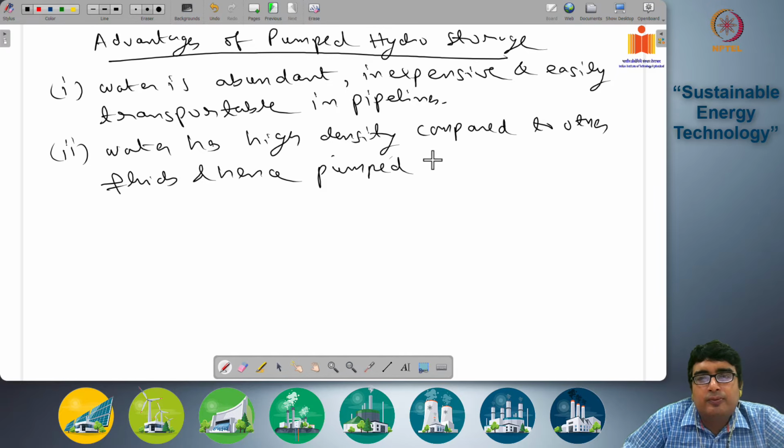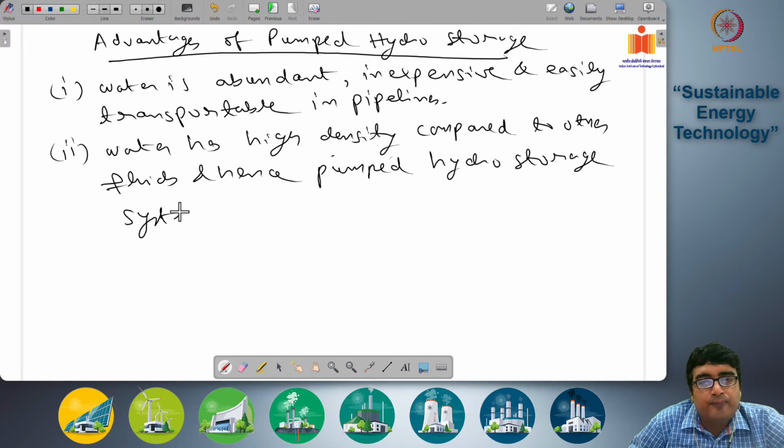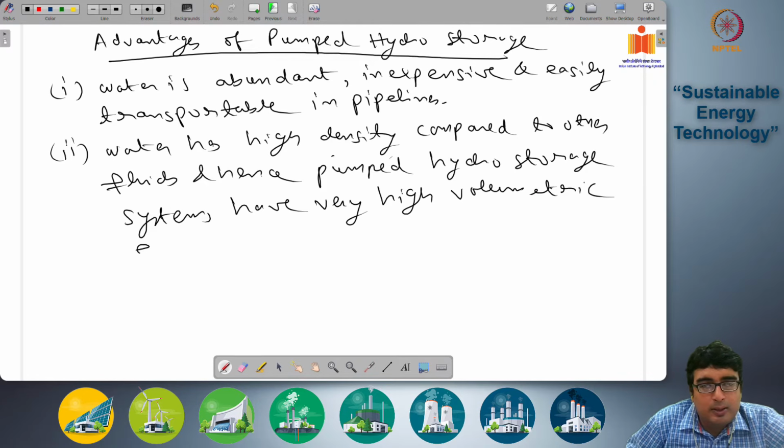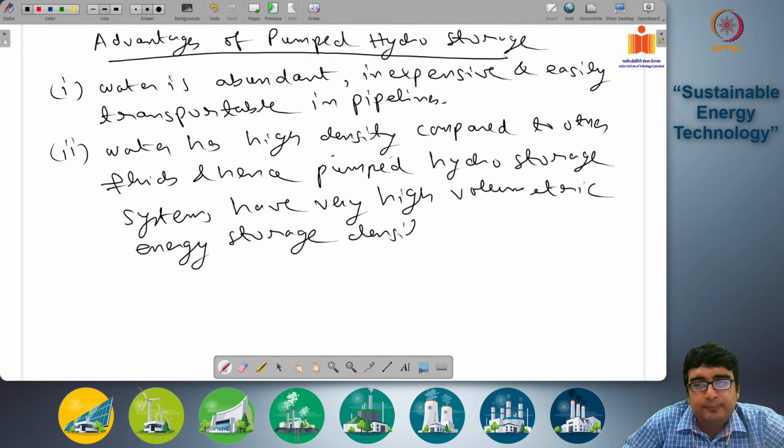Pumped hydro storage systems have very high volumetric energy storage density.